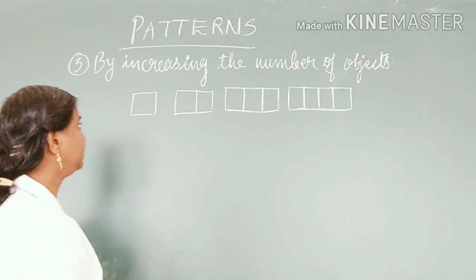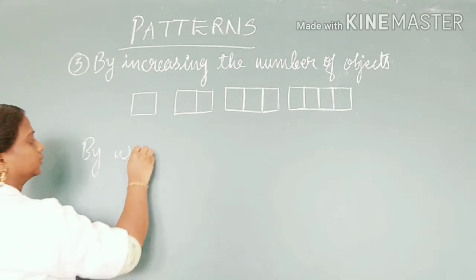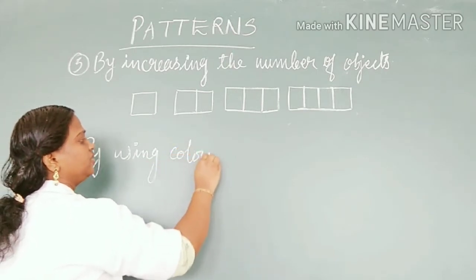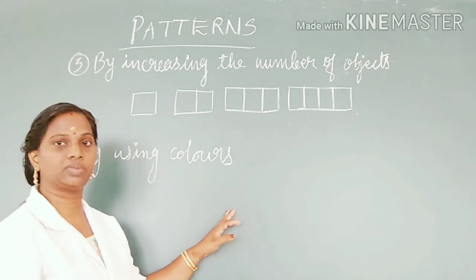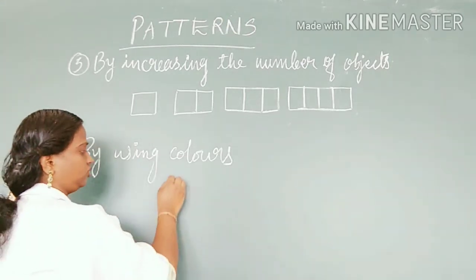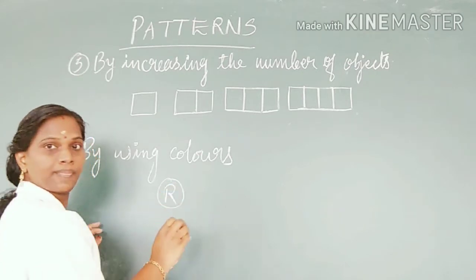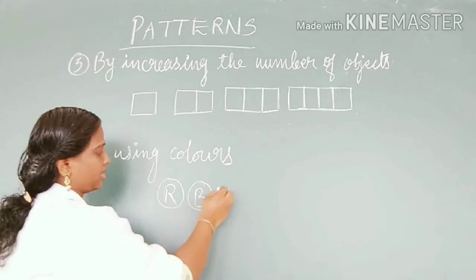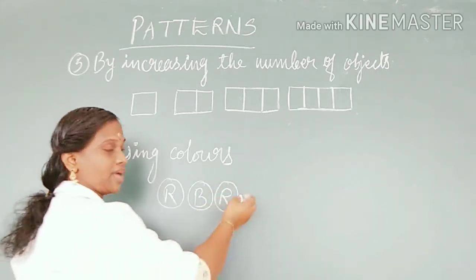The next one is by using different colors. By using different colors, you can apply colors. For example, here I am choosing one red color. Here I am using one blue color. Here I am choosing one red color. Then what will come next?